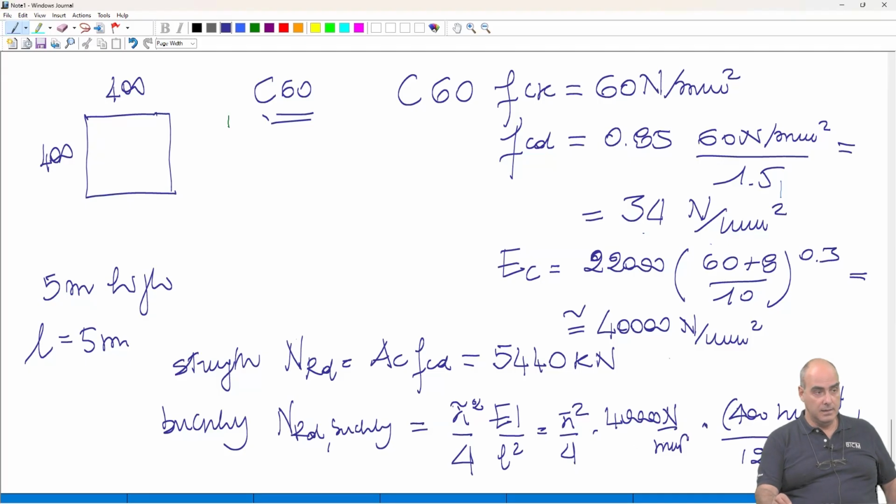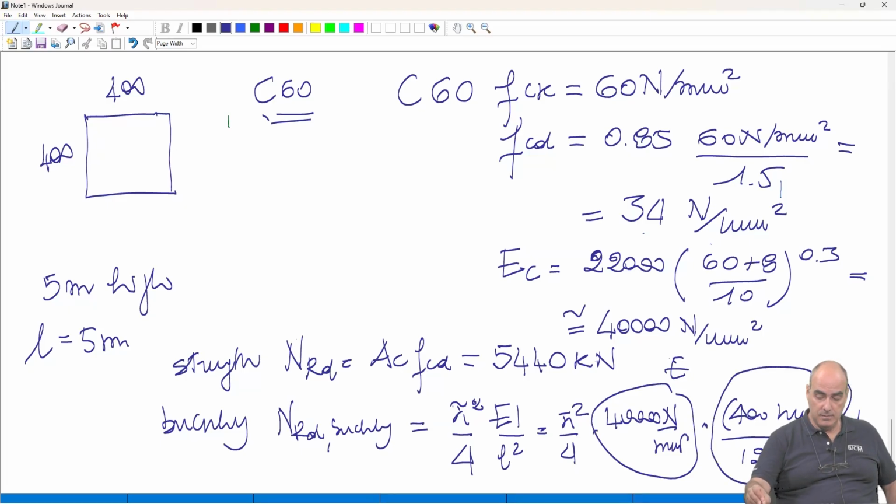This is E. This is J. BH cube, but B and H are equal, so it's like that. And this is 1 over L square. How much is that?